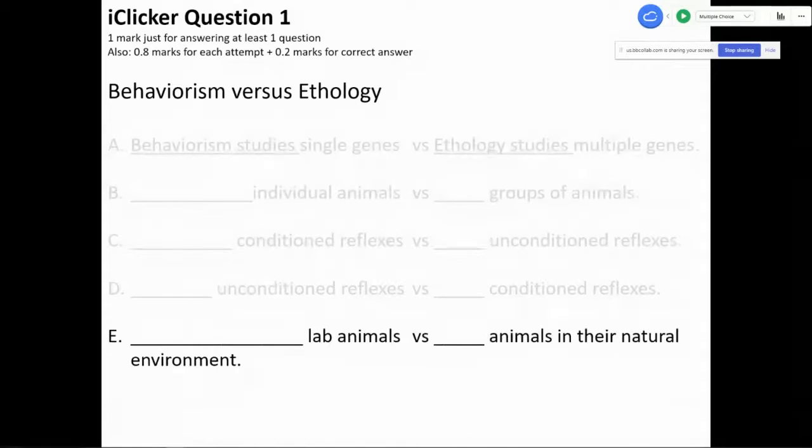What we discussed at the beginning of last lecture was that we started off by talking about behaviorism, which looks at lab animals, and then we started talking about ethology, which is more the study of animals in their natural environment.